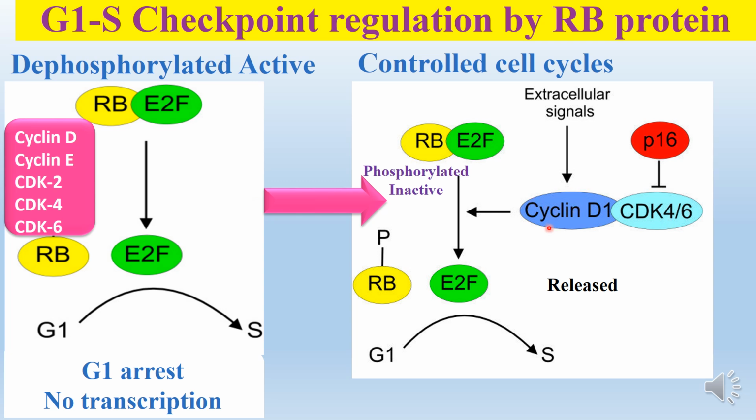Look at the cyclin CDK complex here. It is cyclin D1, which is complexed with CDK4 or CDK6. This complex phosphorylates the retinoblastoma protein, and on phosphorylation, these two separate out and E2F is released. It is free to carry out transcription now.